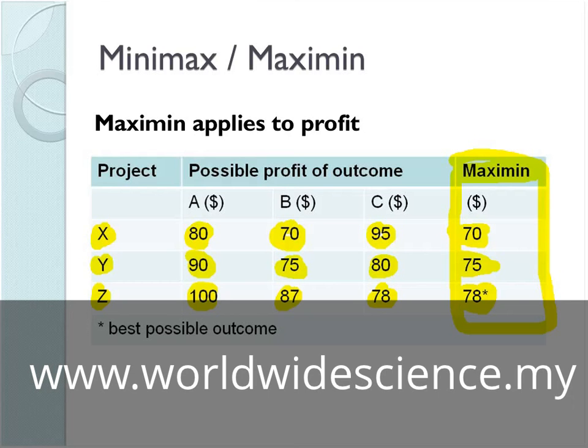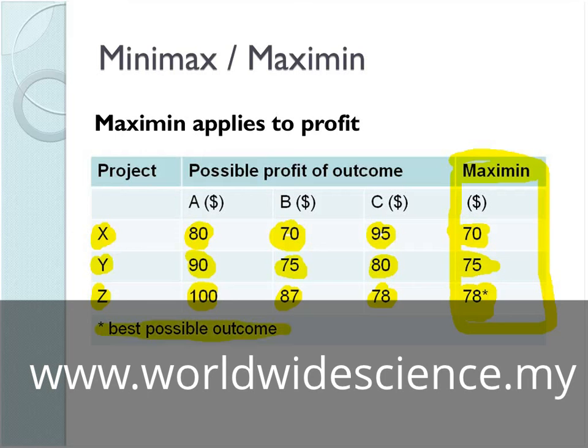So which is the highest profit from these three projects? It's 78, right? Some of you already gave me the answer. Yes, that's right. It's 78. This is the best profit that the project can bring to the company, the highest profit from the maximum box. We can call it the best possible outcome.